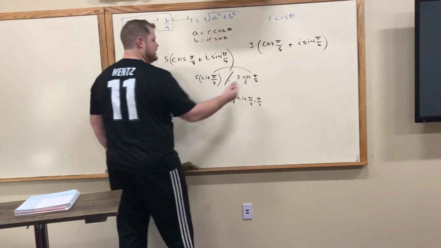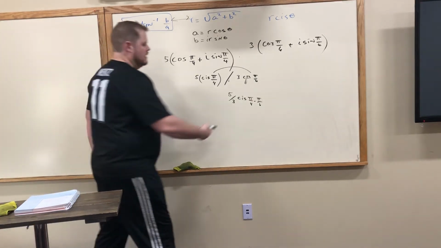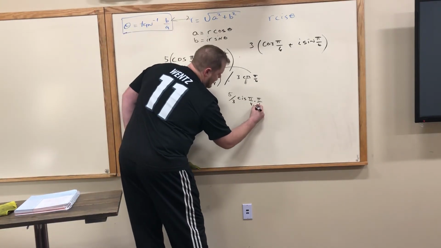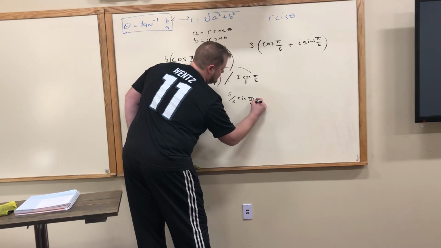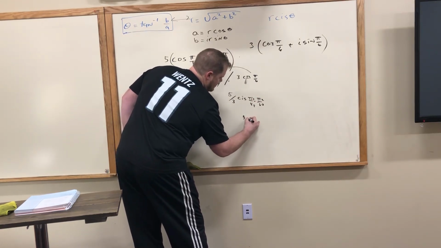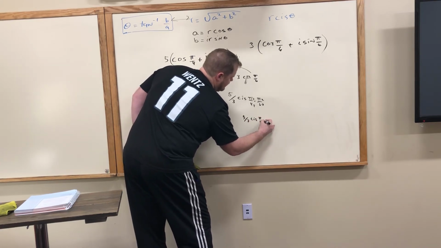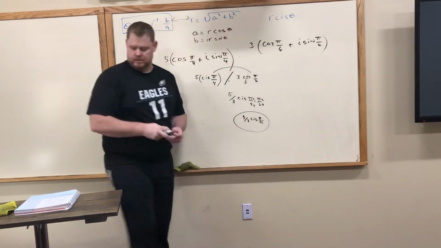So we're going to treat these two thetas almost like they're exponents, okay? So when we do that, you're left with times 3, times 2. So 3 minus 2 is pi over 12. And that's your answer for the quotient.